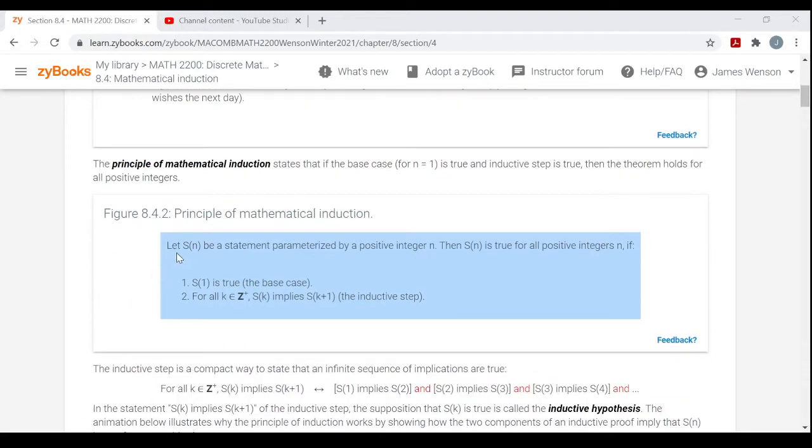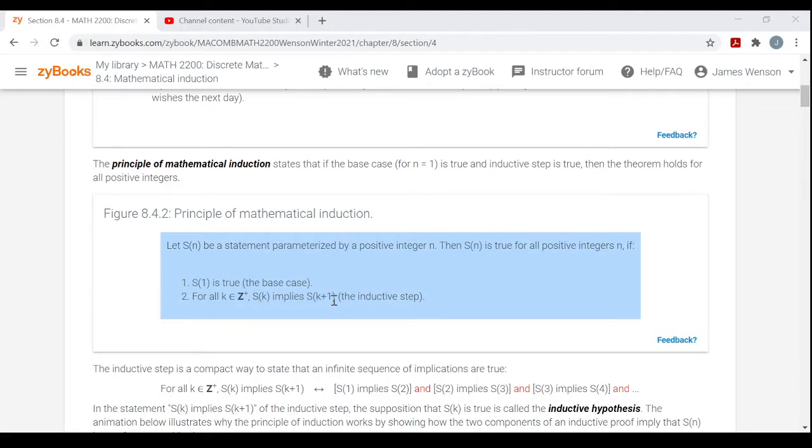So again here, suppose S(n) is some statement parameterized by a positive integer n, so n represents a positive integer. Then S(n) is true for all positive integers n if S(1) is true, so it's true for n equals 1, and then we can show that if S(k) is true, then S(k+1) is true.